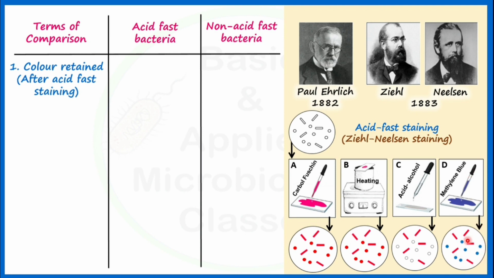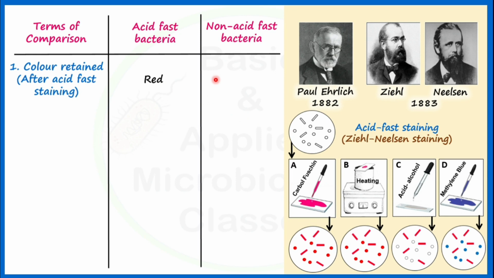Now this result of acid fast staining actually tells us what type the bacteria are. If the bacterial sample that we have taken has bacteria which are taking the color of carbol fuchsin and appearing red to us, then we will say that the particular bacteria type is acid fast.